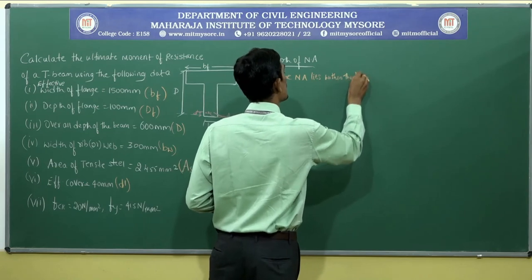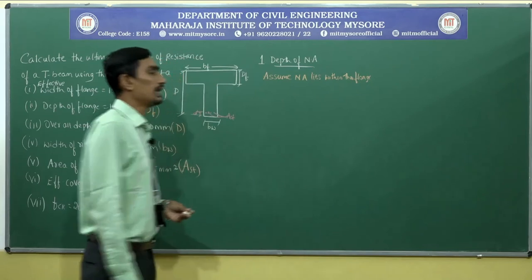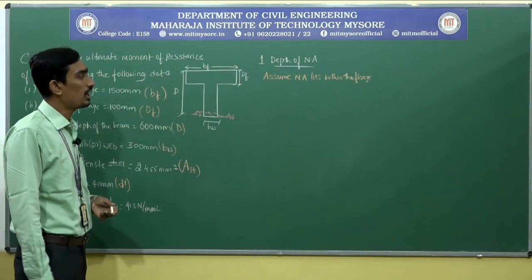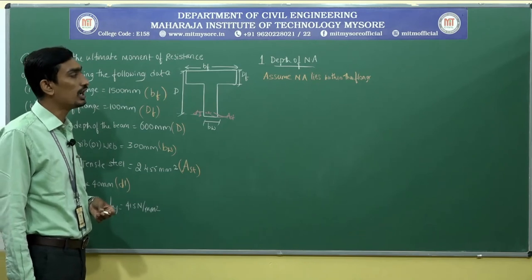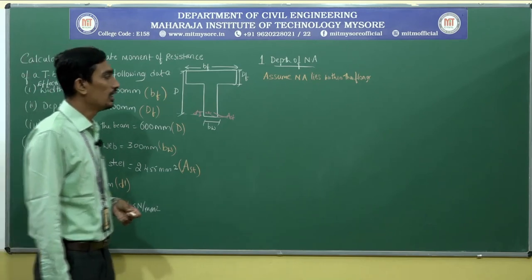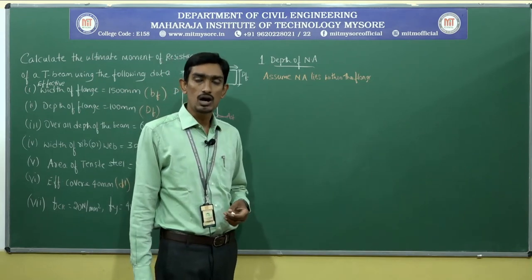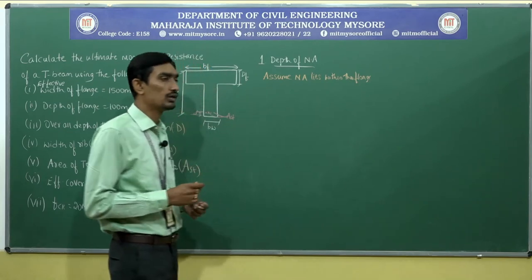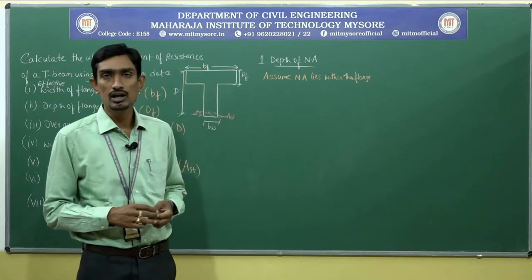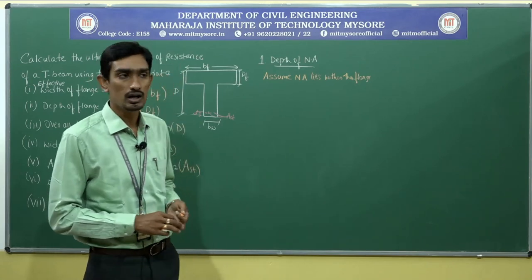With this statement I am going to start the analysis, or calculate the depth of the neutral axis. I am going to assume initially that the neutral axis lies within the flange. Now I am going to check whether this condition holds good or not.